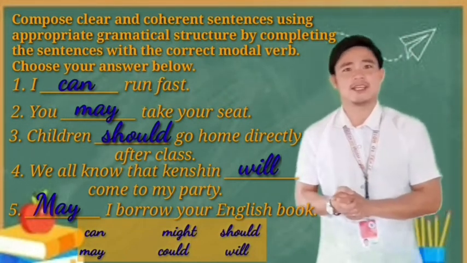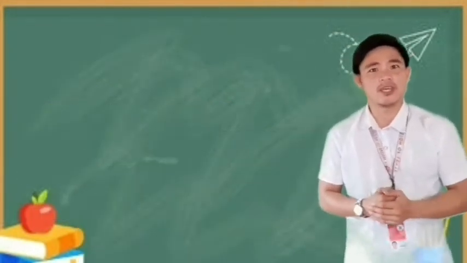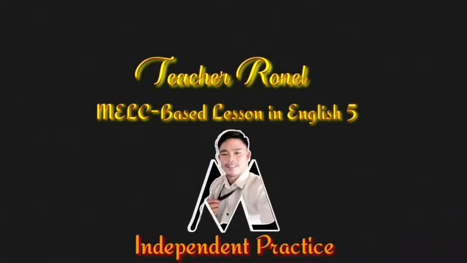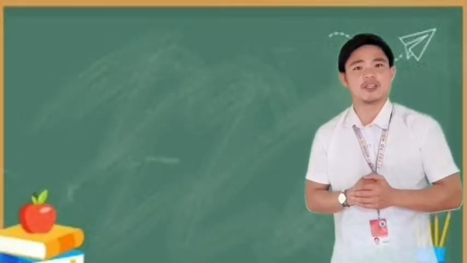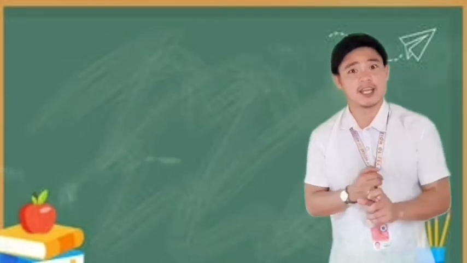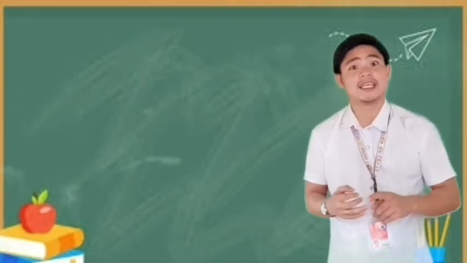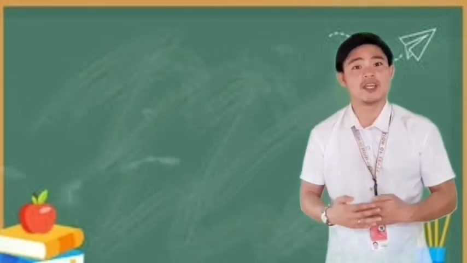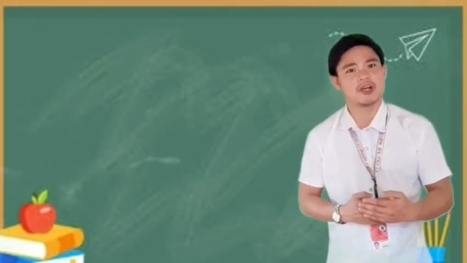Alright. Now this time, we are going to have another activity. This time, you are going to answer completely, you are going to write neatly, and you are going to write legibly. And after, we are going to check your paper directly.